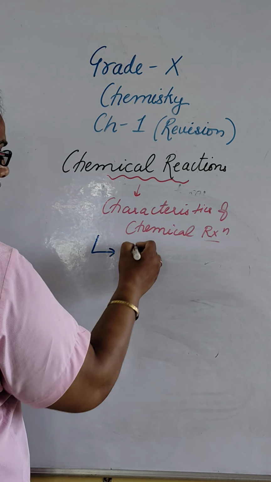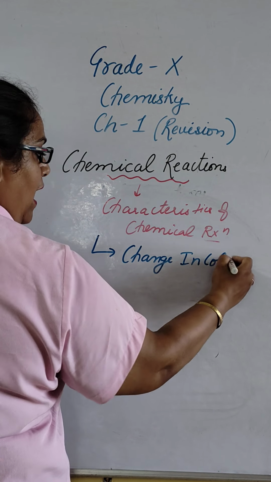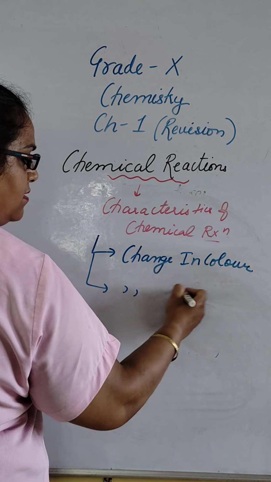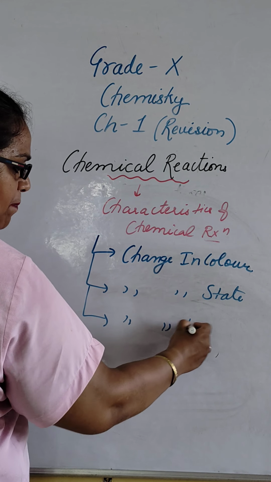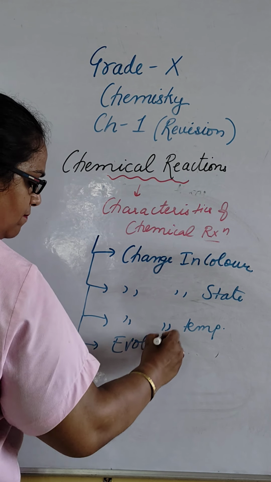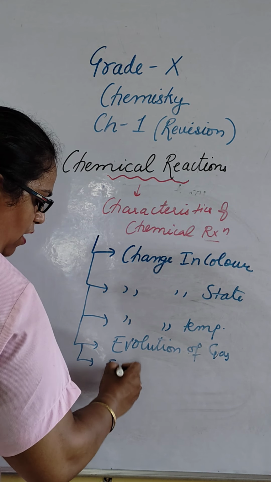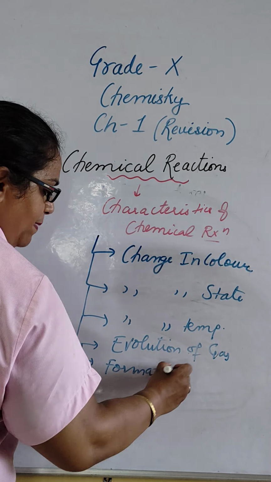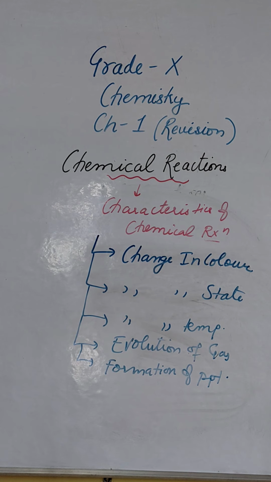We can say that either by change in color, change in state, change in temperature, evolution of gas, or formation of precipitates, formation of PPTs. These are the characteristics which show whether the reaction has occurred or not.